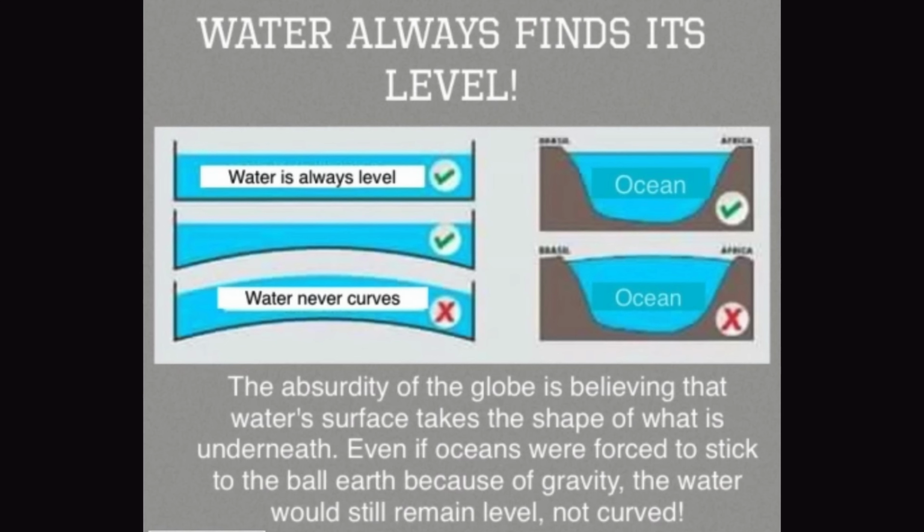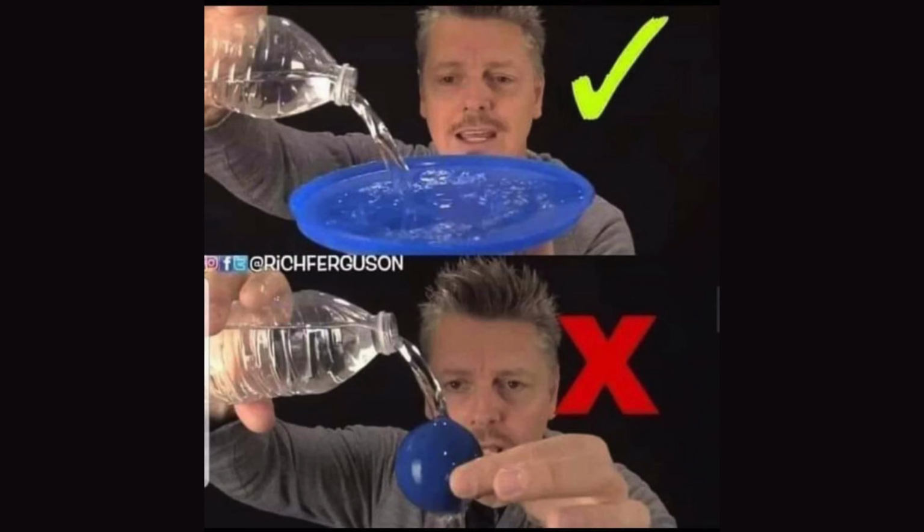Even if oceans were forced to stick to the ball Earth because of gravity, the water would still remain level and not curved. So again, it's just some common sense, and I never thought about it this way, but how can tons and tons of water stick to the ball even upside down? It just doesn't make sense to me anymore, especially after what we've seen.